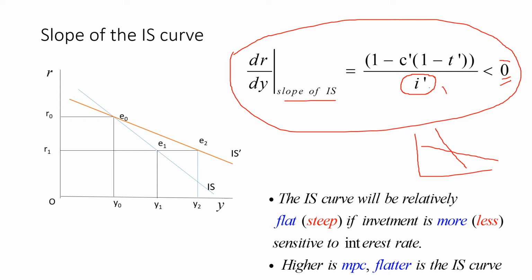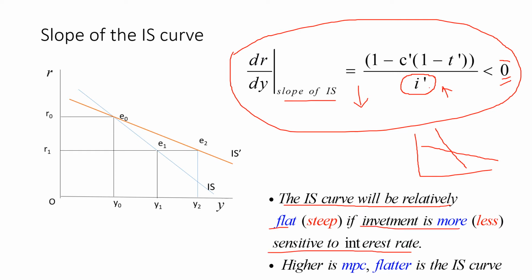So a higher I prime means your slope is low, which means your IS curve is flat. So what we are saying is the IS curve will be relatively flat if investment is more sensitive to the interest rate.